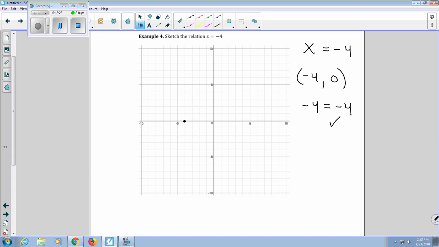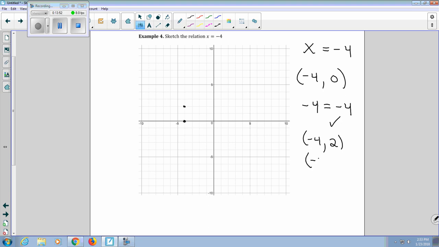Probably need a few more points to get a picture of this, but I think I see what's happening. If I leave -4 alone, and let's say you put 2 in place of y, clearly this has to make the relation true as well. -4 would go in place of x. The 2 doesn't go anywhere. You would get -4 is equal to -4, and so you get a point that's located here. You get every single y value back.